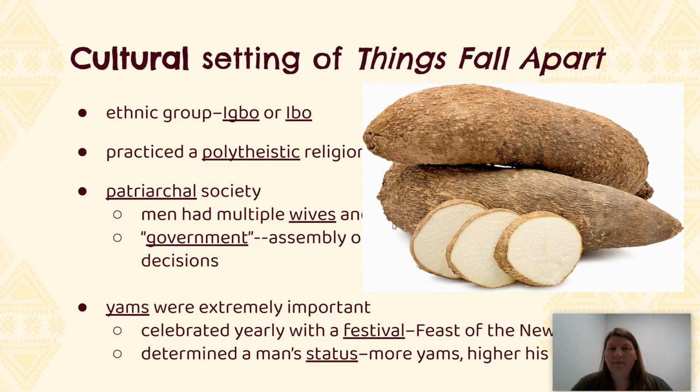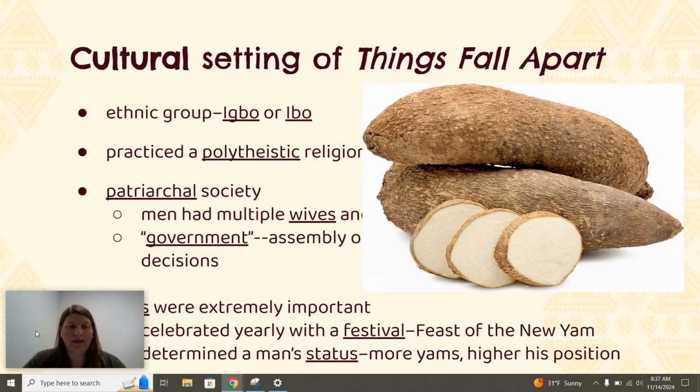And yams were a way to determine a man's status. So the more yams that a man was able to farm, the higher his position within his community. We see yams as like a form of currency. They use yams to trade and buy goods.